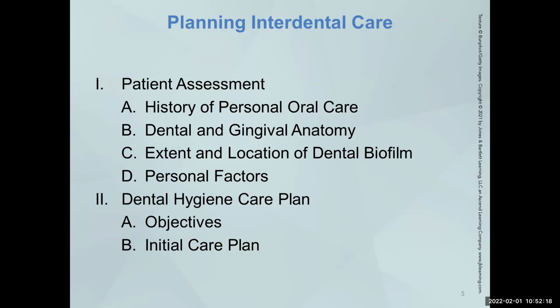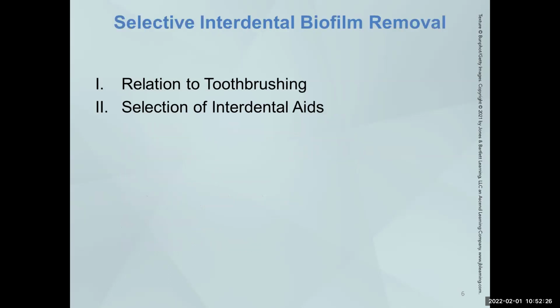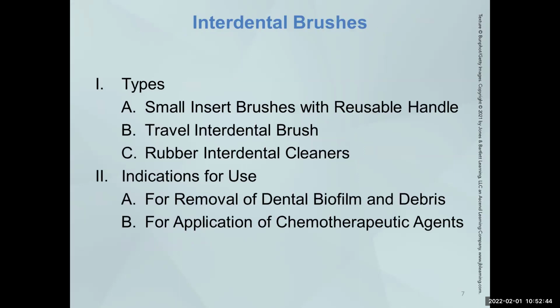You're asking them what are they using to clean in between their teeth. All of that is before you even take a look in their mouth. How many times a day are they brushing? All right, brushing does not get in between the teeth effectively. The power brushes have been known to get underneath the gum tissue deeper than a manual brush and interproximally more than what manual brushing can do.